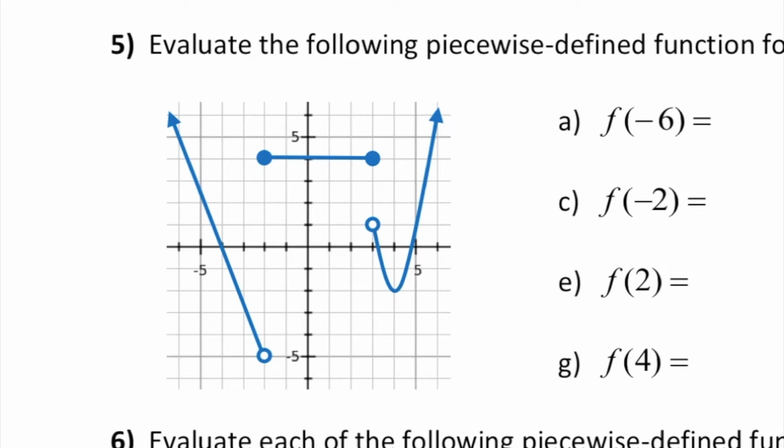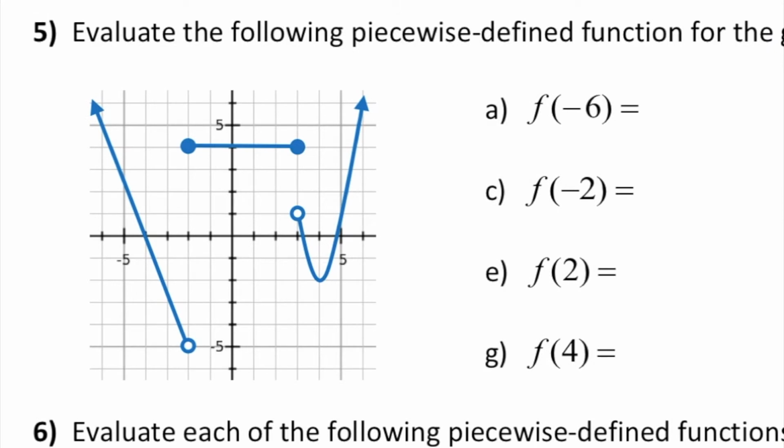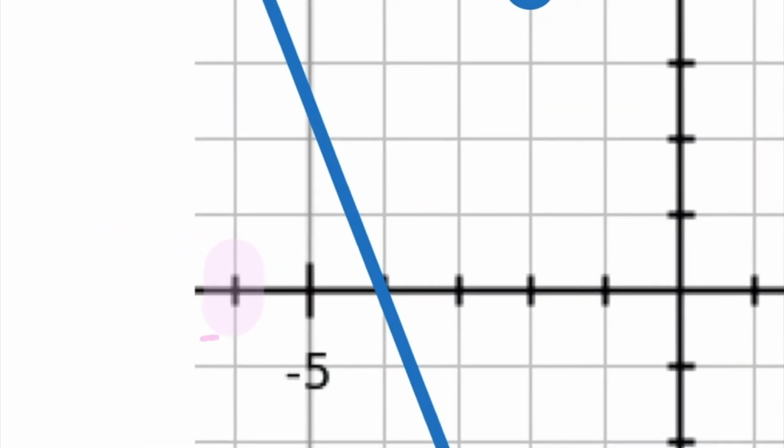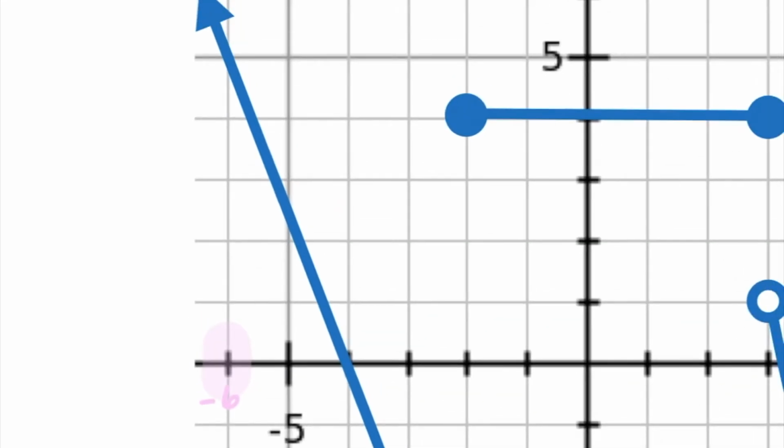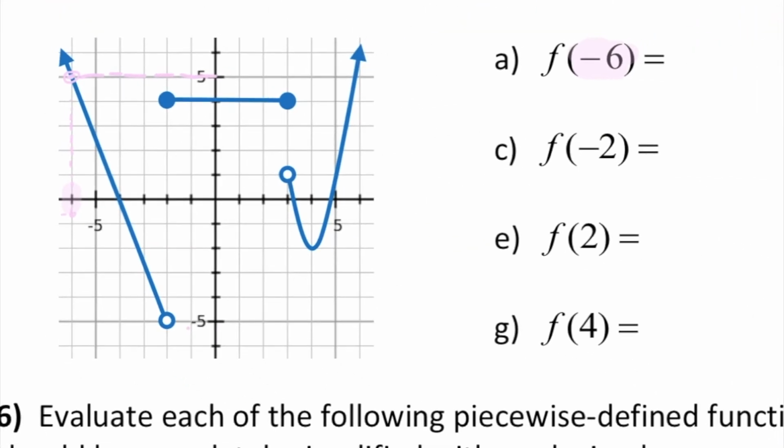For example, in letter A, you're asked to find f of -6. -6 is an x value, and so you're going to look at -6 on the x-axis, and follow it up to where the function is on the y-axis, and there's a point right here at -6, +5. That's the y value where x is -6, and so your answer there is going to be 5.